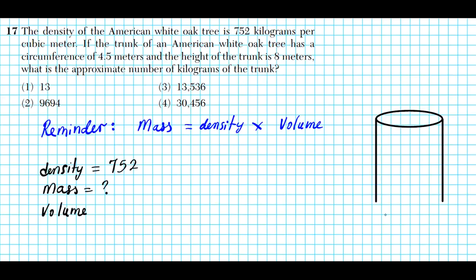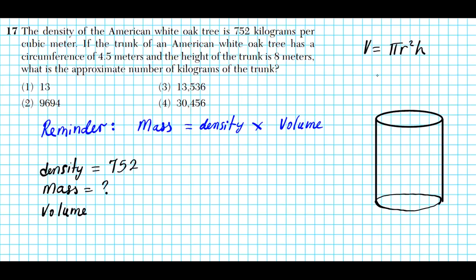So we want to find out what the volume is. You can go to your reference sheet, or you might already know the formula: volume is equal to the area of the base, πr², multiplied by the perpendicular height. Okay? So what dimensions do we have for the trunk?